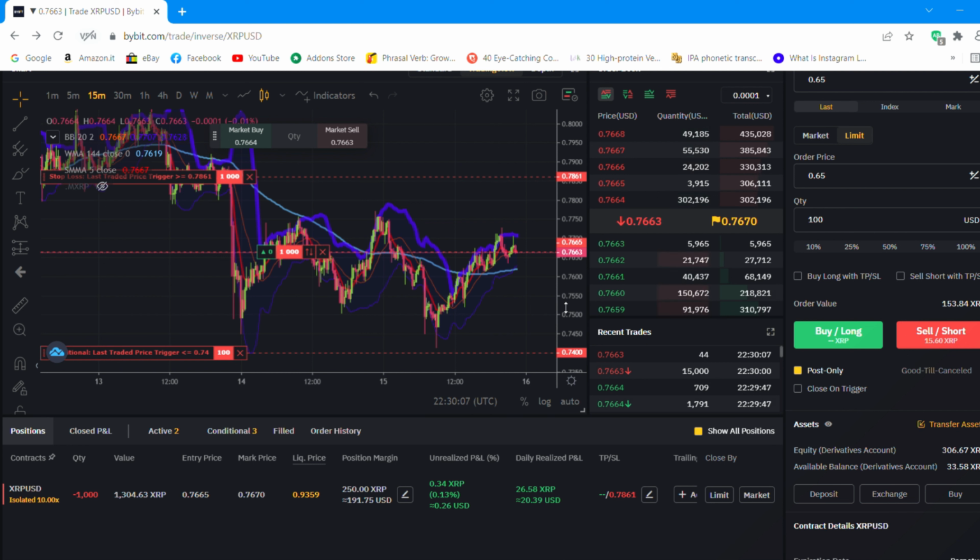But I only took a small hit. I had about 2,000 XRP in the trade, and I only took like a 120 XRP blow, and then the market reversed, and I made all of that back.